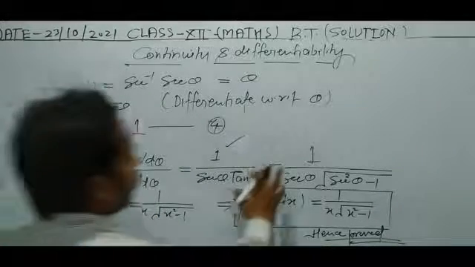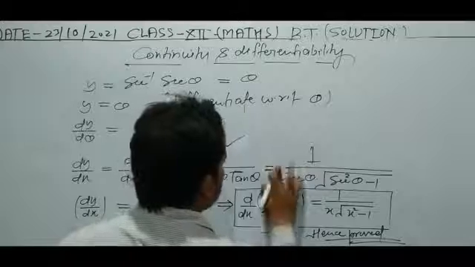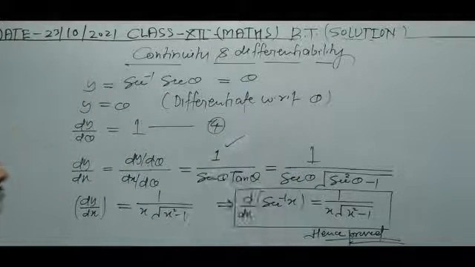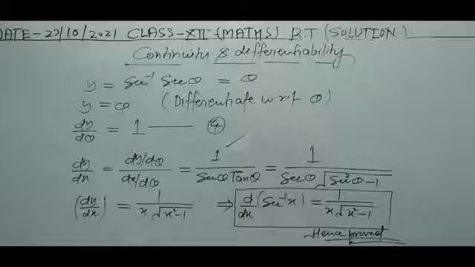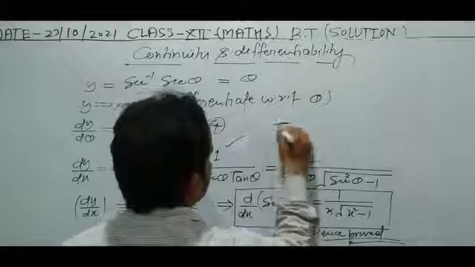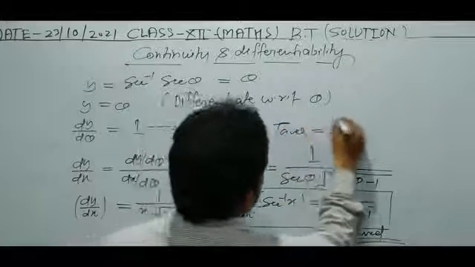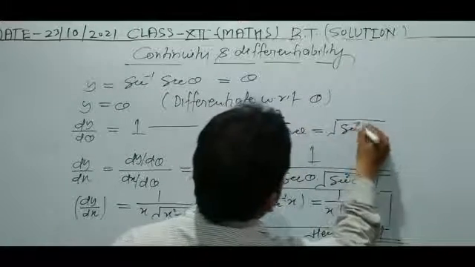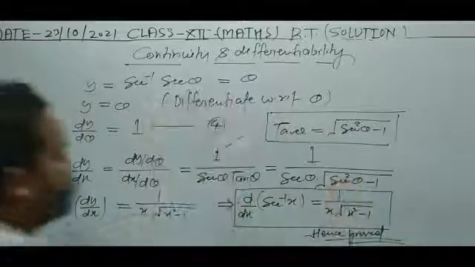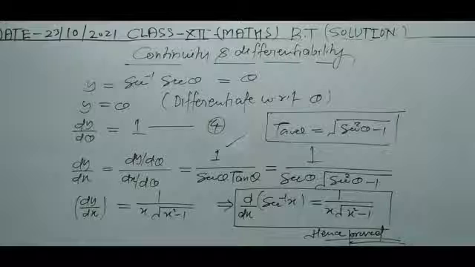Now 1 upon sec theta into tan theta value. The value of tan theta in terms of sec theta, we can write root over sec square theta minus 1. This is the formula, so you can use this formula in place of tan theta.